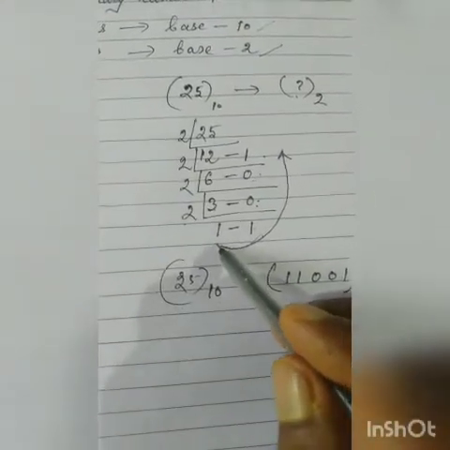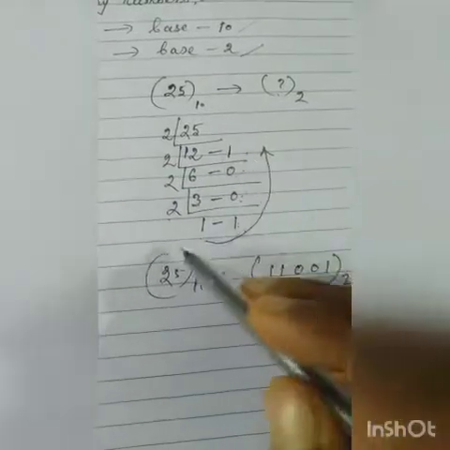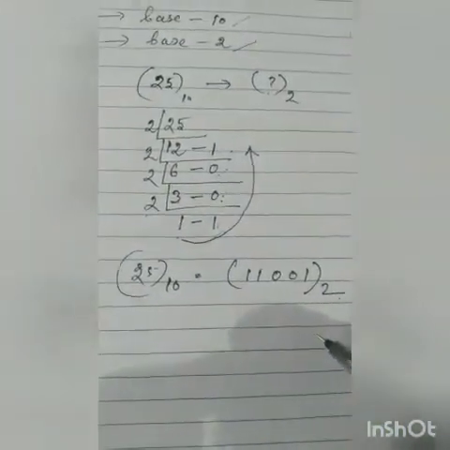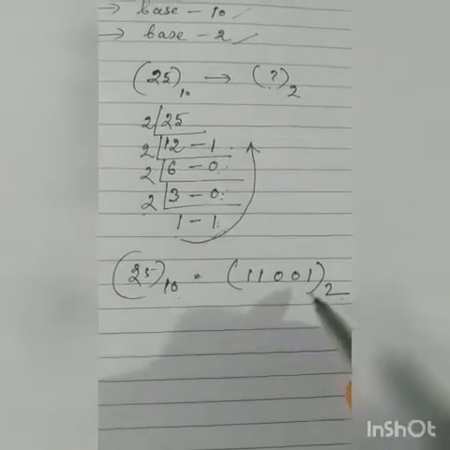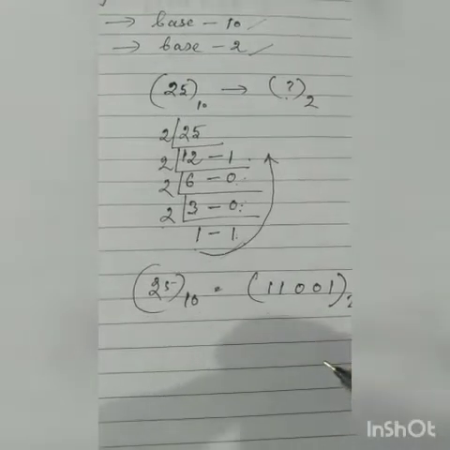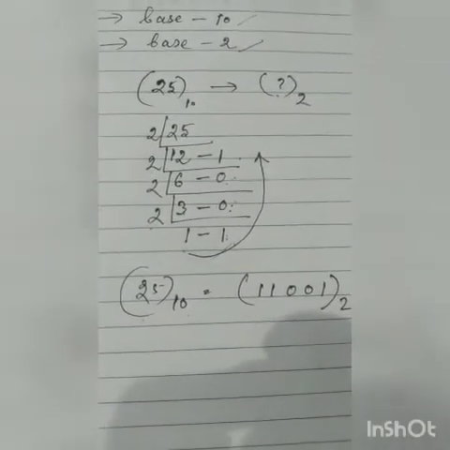How to write? Again telling, from the last, 11001. Whatever is written here, all the numbers will come here. You know binary number means only what? 0 and 1. So only 0 and 1 came. This way you have to convert a simple decimal number into a binary number.